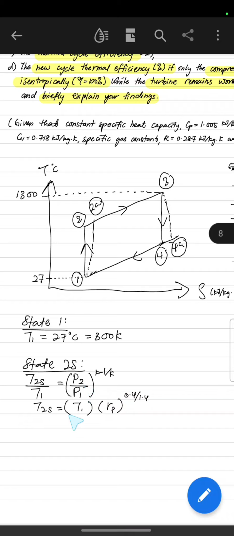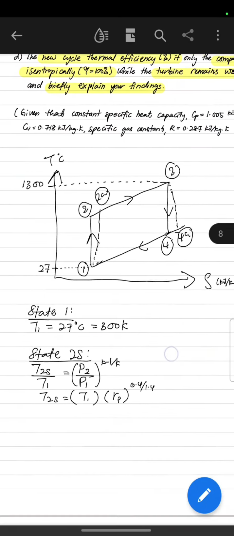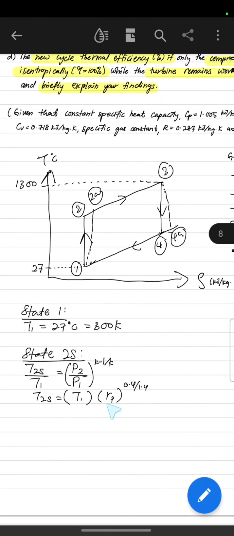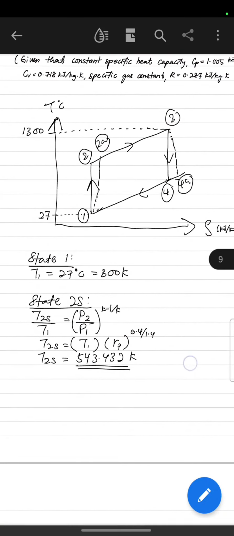So T2S, you rearrange back these equations. Where do you get this 0.4 over 1.4? Because K minus 1 over K, where you have the value over here for air, right? You are going to have constant specific values Cp, Cv, R and K for air. Okay, so you rearrange the equations over here, and then let's see what you get down here.